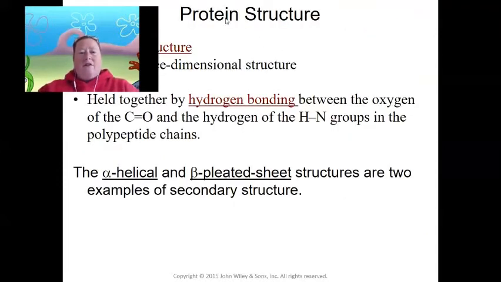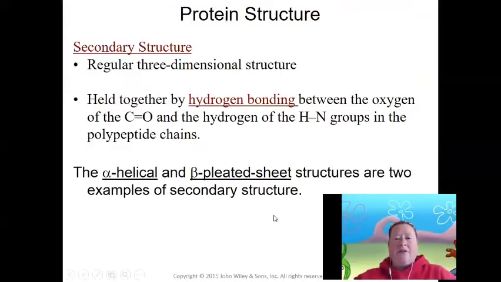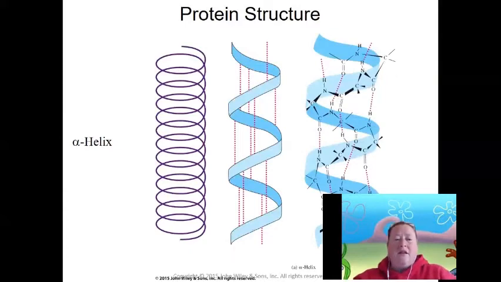Secondary structure is primarily held together by hydrogen bonding between the oxygen of the carbonyl group within the amino acid residues, and also the hydrogen of the amino group within those polypeptide chains. So an alpha helix looks like a spiral.